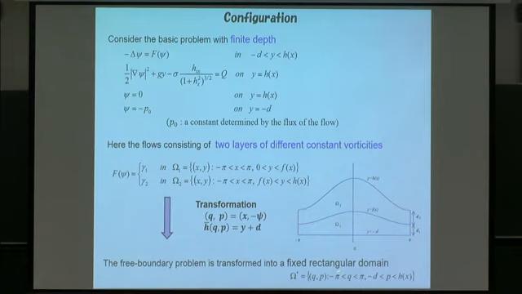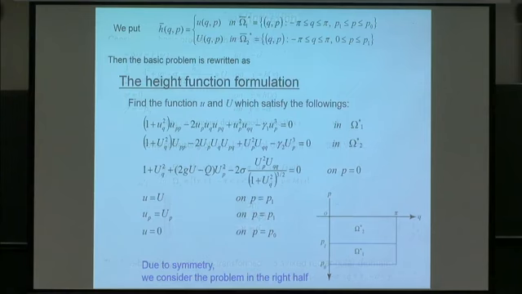Here, the function h bar is the contour of p equal minus psi, namely the height function to be determined. We put h bar equals small u and large u in omega 1 and omega 2 respectively. Then we have the height function formulation in this way.